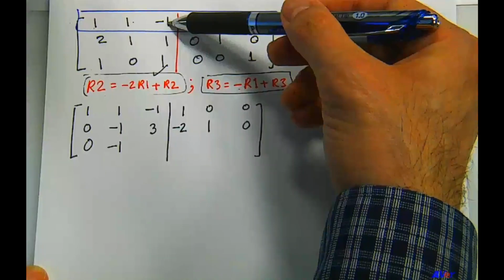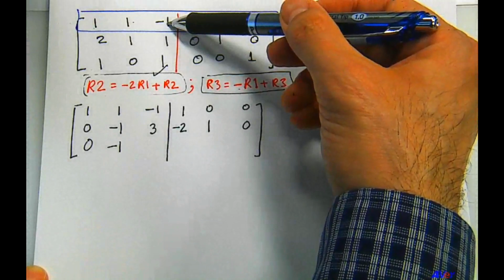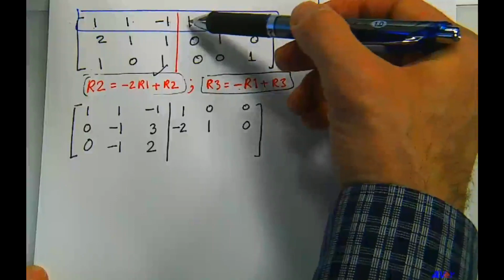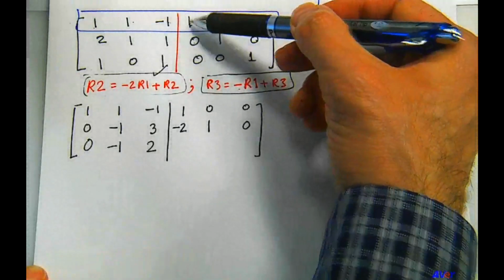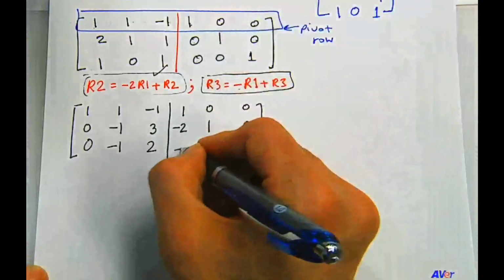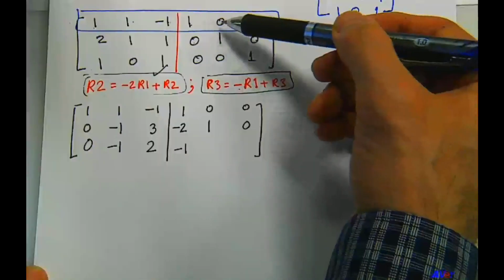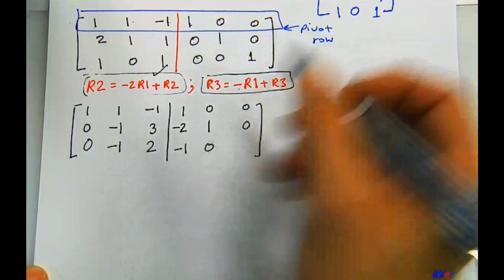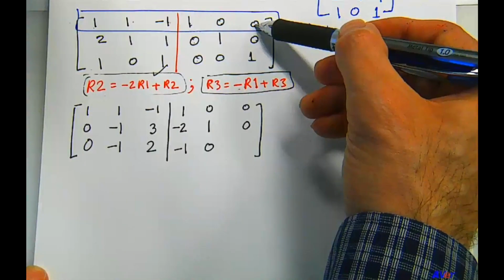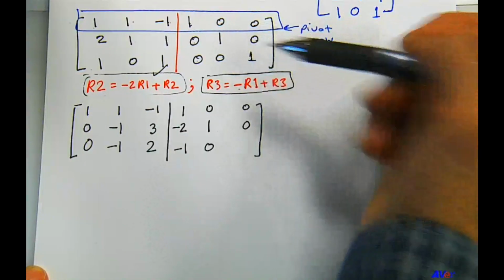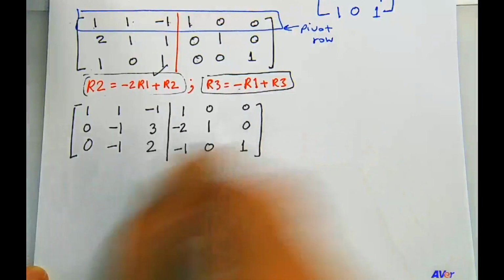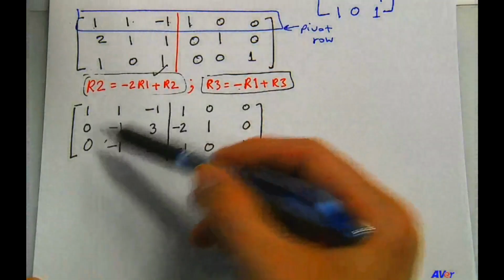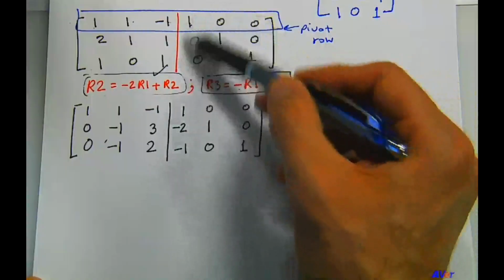Minus 1 times minus 1, it's positive 1, plus 1 is 2. Minus 1 times 1 is minus 1, plus 0, that's minus 1. Minus 1 times 0 is 0, plus 0, it's 0. Minus 1 times 0 is 0, plus 1, it's 1.